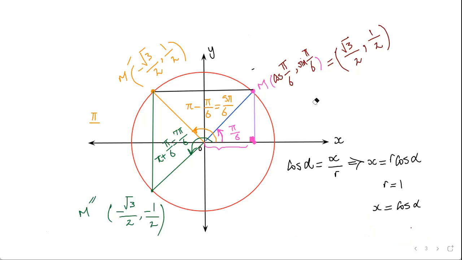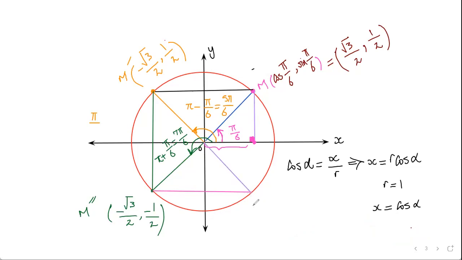Now, the last thing before we go for the break: look at this. I do the symmetry again, parallel to the y-axis. I cross the circumference and I make this angle.